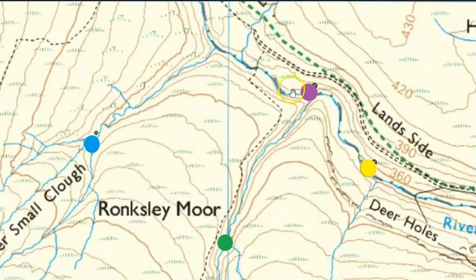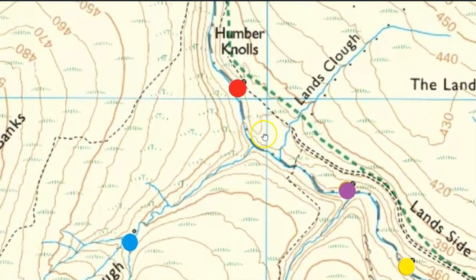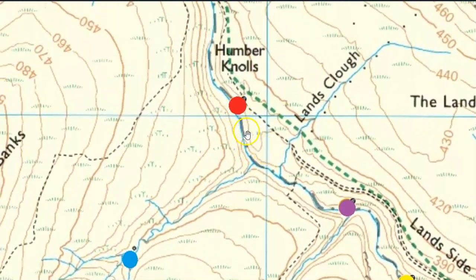Similarly with purple, it's a long way upstream before the next contour line, and similarly with red. There's a contour line there, and then the next one isn't up until there. So that indicates that the main valley has less of a gradient than these side tributaries. So we're going to discount blue and green for now.